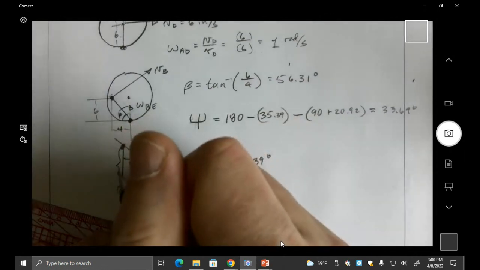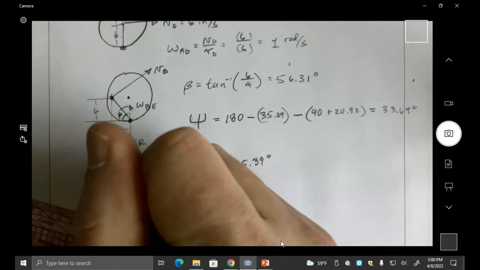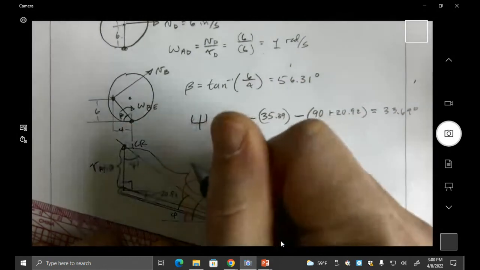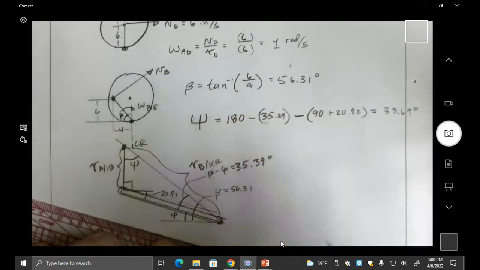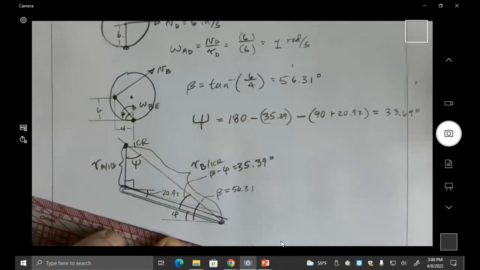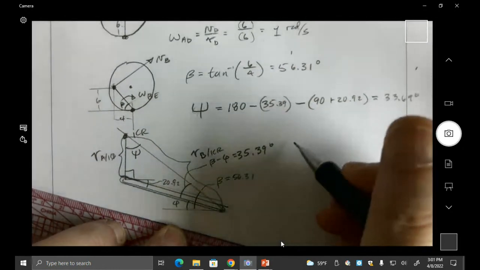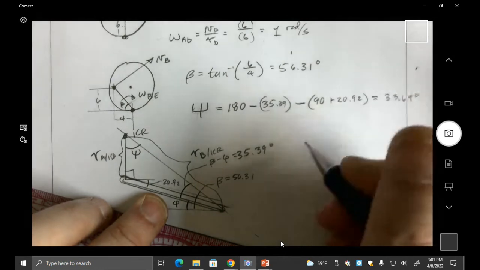So here's going to be my RA with respect to ICR, and then here is my RB with respect to ICR. So I need the law of sines in this triangle.